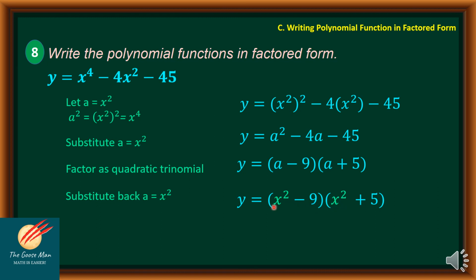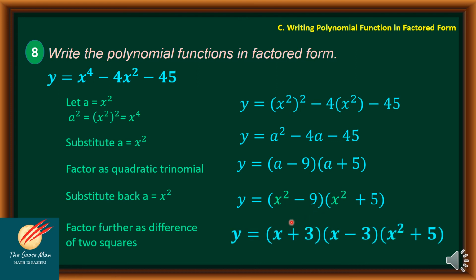However, I can still factor x squared minus 9 further using the difference of two squares. Meaning to say, I'll extract the root of x squared as well as 9 and express as the sum and difference. So we have here x plus 3 times x minus 3, from x squared minus 9, times x squared plus 5.